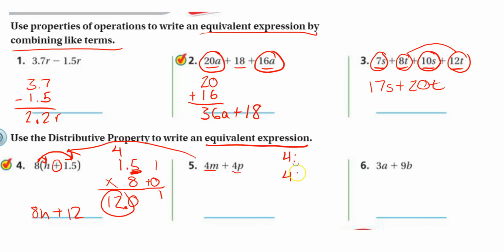So we find the factors, and they have the same factors. You can do 1 times 4, you can do 2 times 2. The biggest one they have in common is 4, so I'm going to factor out the 4, and so that number goes on the outside of the parentheses. And then what do I need to multiply the 4 by? I need to multiply it by the m and the p.